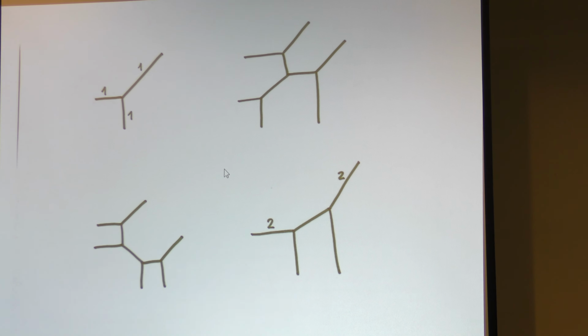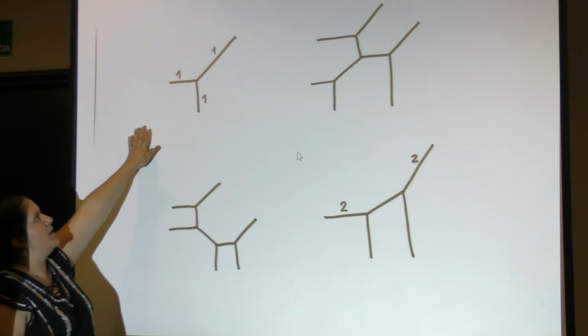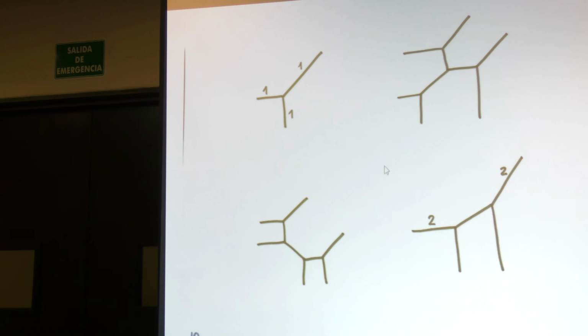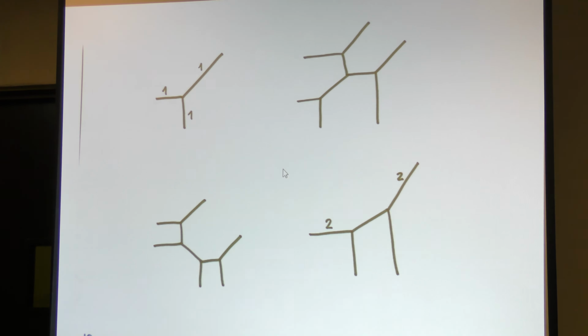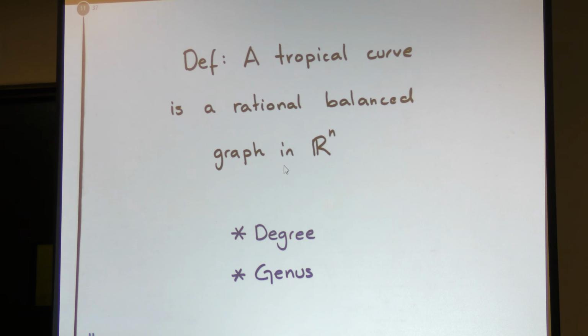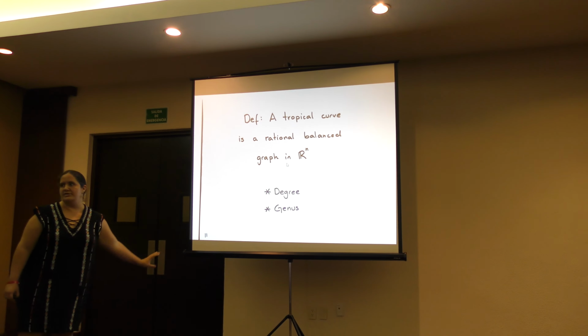I have a line. This is a degree 1 curve. And I have three conics, different conics. My definition of a tropical curve will be a rational balanced graph in Rn. And each one of these objects has a degree and a genus.